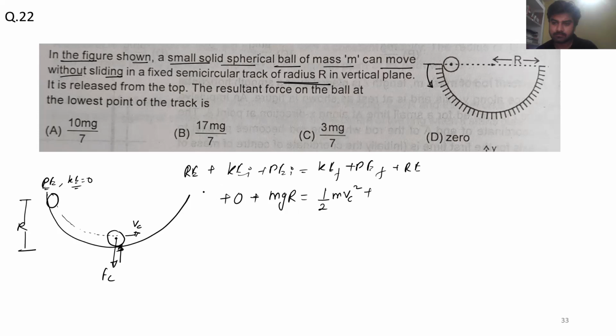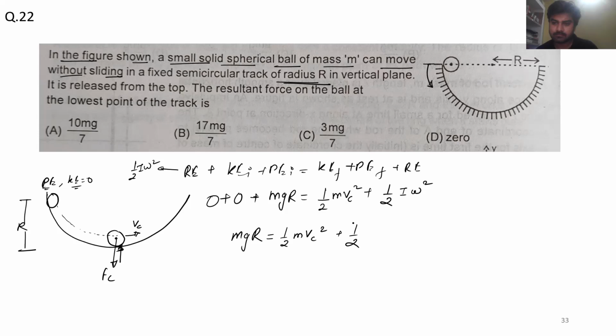Rotational energy on the top is 0. Rotational energy is half I omega square. On the bottom, it is half I omega square.